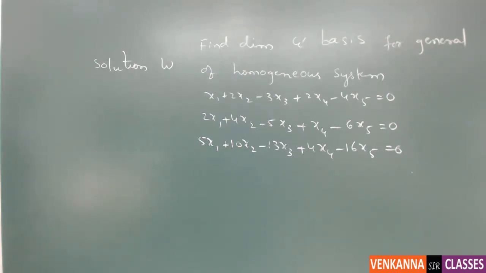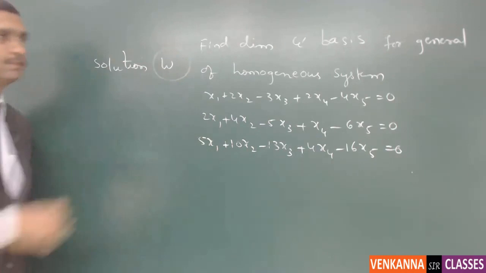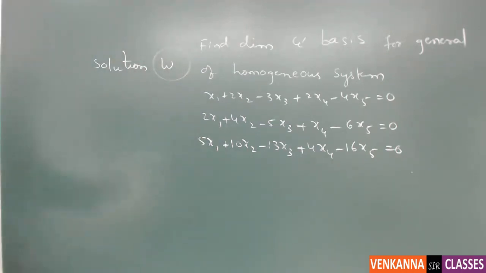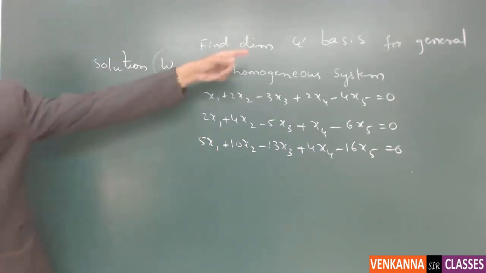So here we need to understand that you have three equations which form a homogeneous system. If you consider the solution space, the set of all possible values of x1, x2, x3, x4, x5, which is nothing but the solution space for this system, here it is taken as W. So for that solution space, you are finding the basis and dimension.